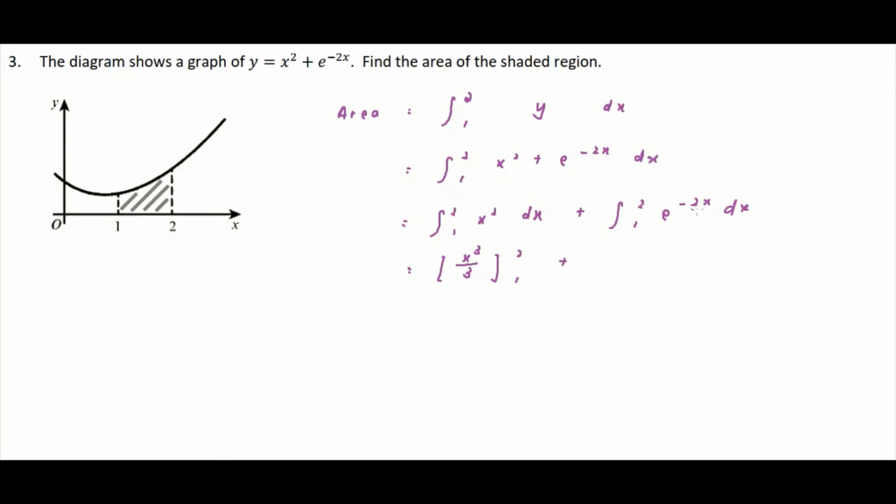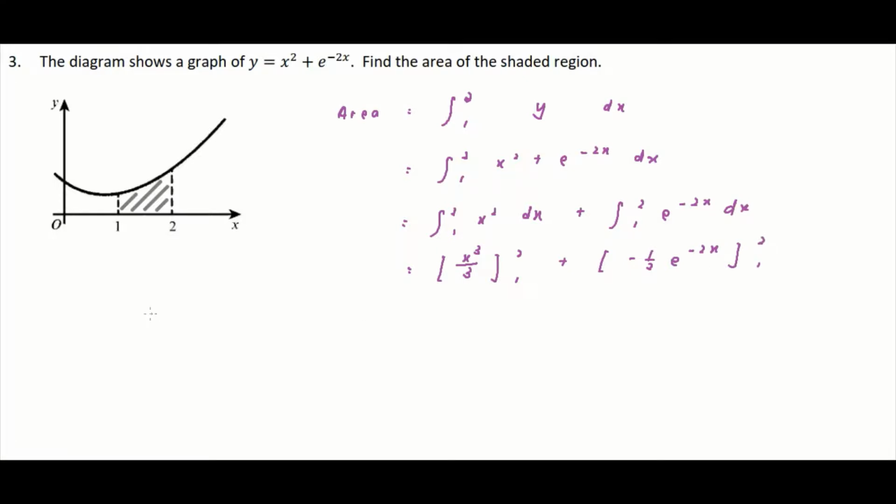And plus the other one, so negative 2x. When you integrate, sorry, differentiate, you get negative 2. So divide it, then you get negative 1 over 2. Okay, so depends on you, maybe in this case we should write inside. But as you can understand, when you substitute it and multiply, it's the same thing if you put negative 1 over 2 outside. So e^(-2x), then after that 1, 2.